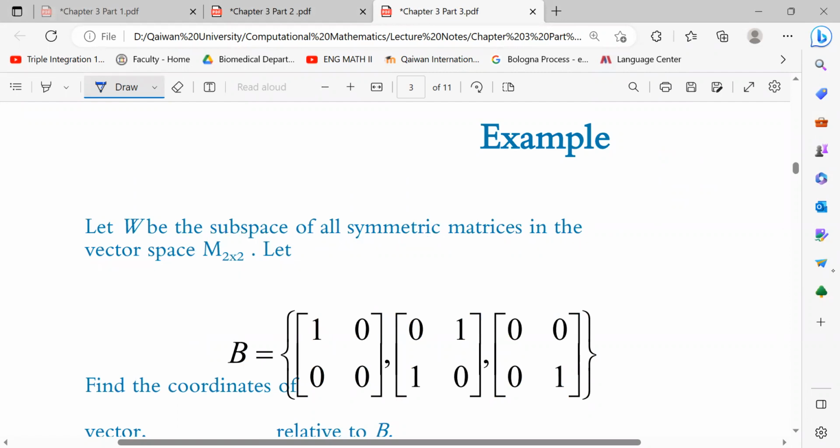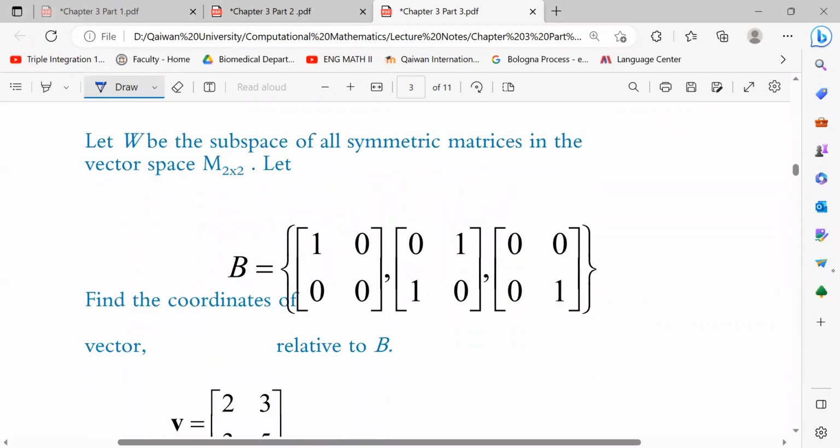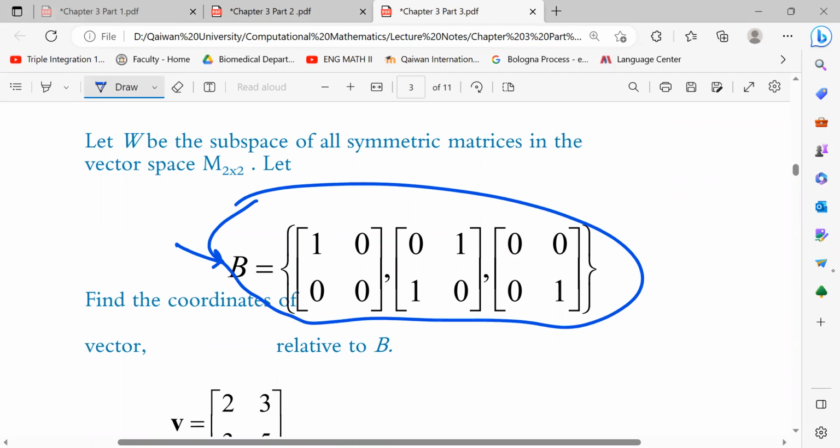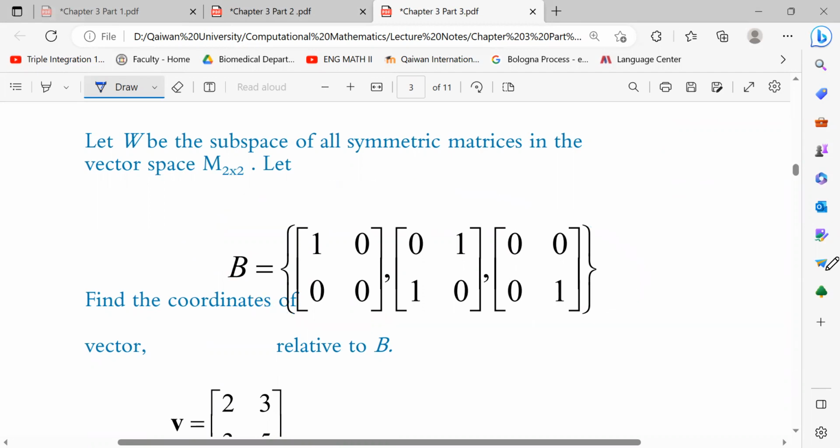So here W is a subspace of M22. And B is this set of vectors. We have 3 vectors in B. This is V1, this is V2, and this is V3.